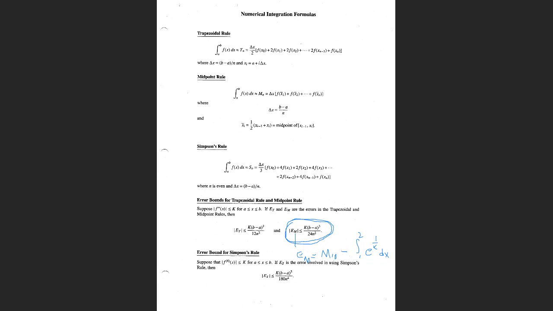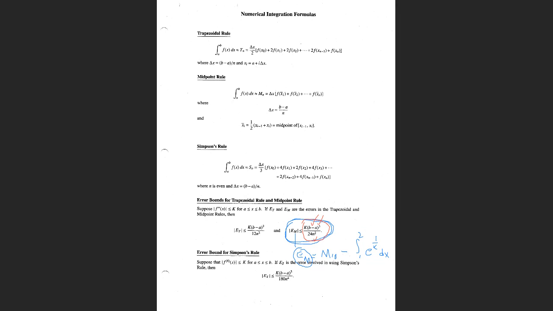That's what E sub m means. And on the right-hand side here, this is a bound on the error. So we know what B is. B is 2, A is 1, N is 10. We know that because we're using M sub 10, midpoint approximation with 10 subintervals.